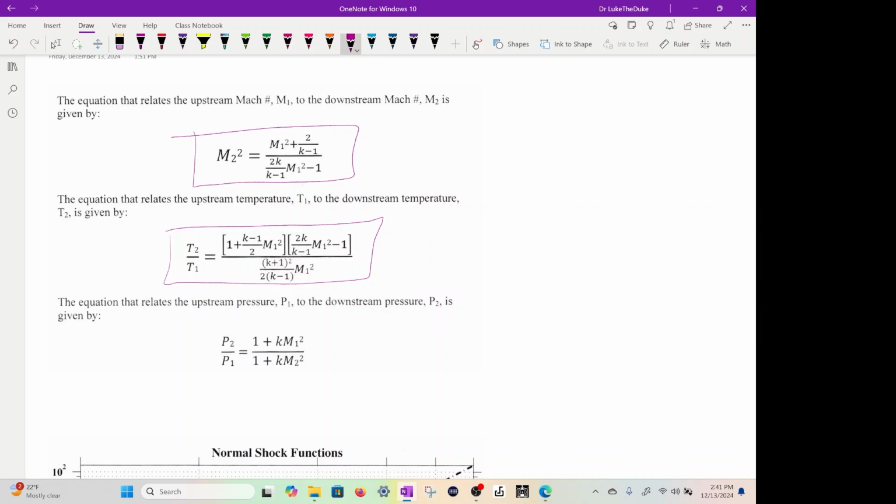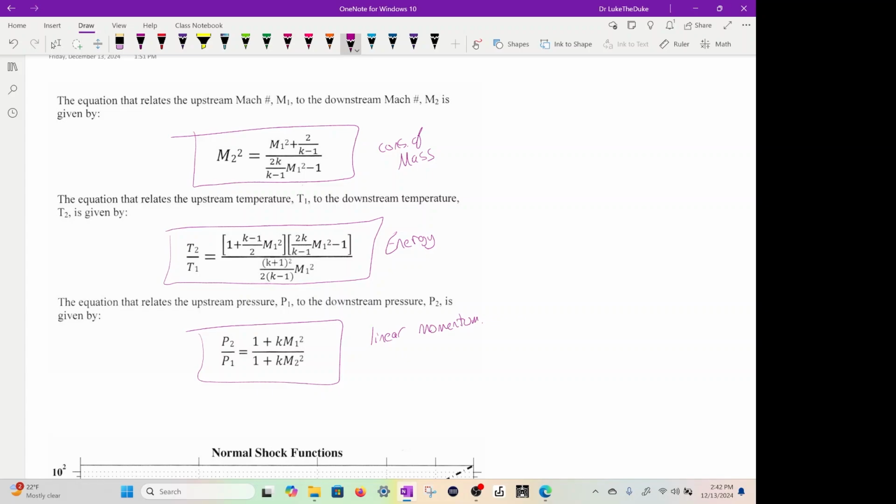And the last one is your pressure upstream and downstream related to Mach number. Each set of those equations you can get to using a few more equations. So here is the energy. This is conservation of mass. And here is your linear momentum or momentum forces.